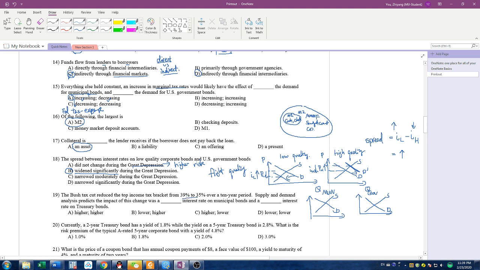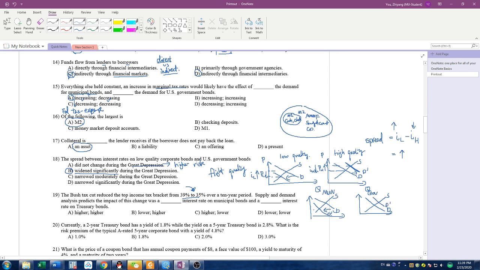However, since the tax rate drops, the money we saved by buying municipal bond becomes less, right? So in this case, the return of municipal bond gets relatively smaller compared to the return of government bond. So what is going to happen is that people are going to take their money out of the municipal bond and put it into government bond.